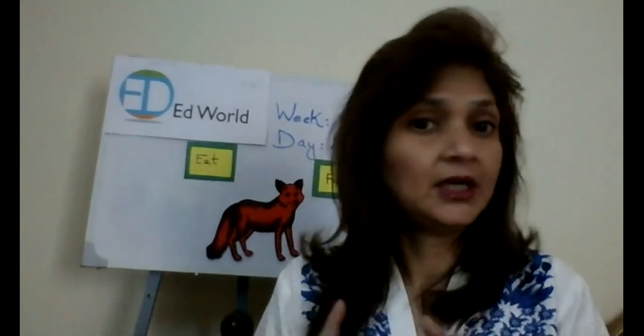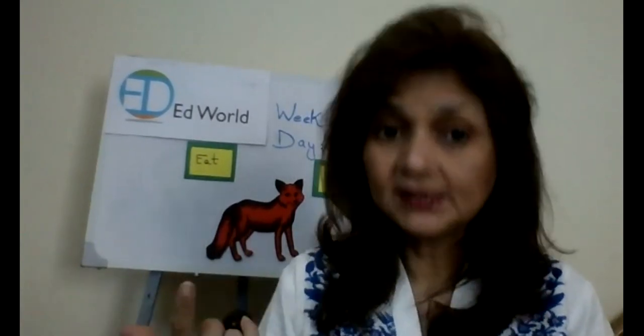They hunt for rabbits, birds, and rats. But they are not carnivores, the animals who eat only meat. They are omnivore animals. They eat animals as well as berries and fruits.